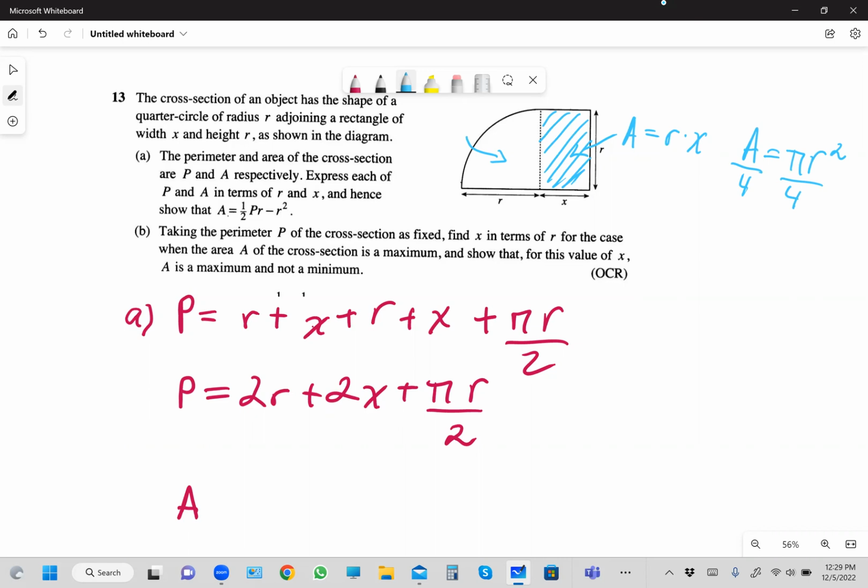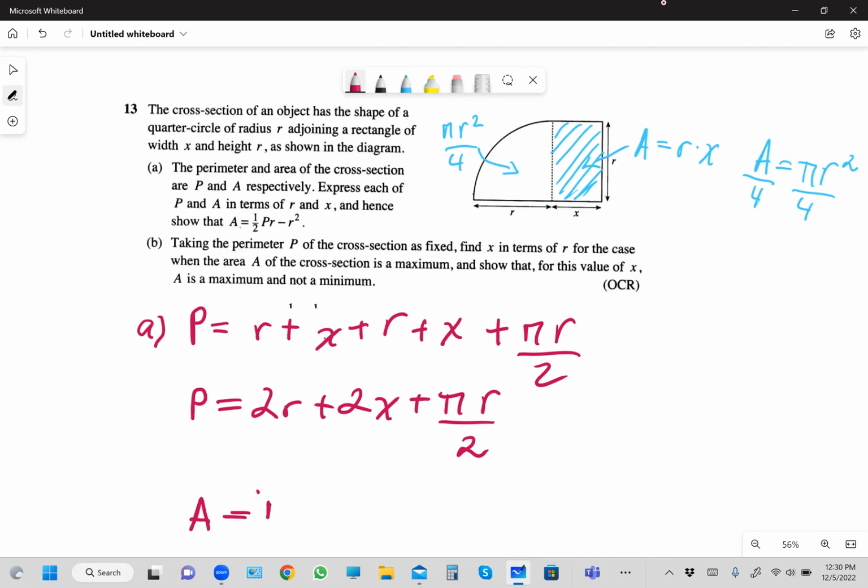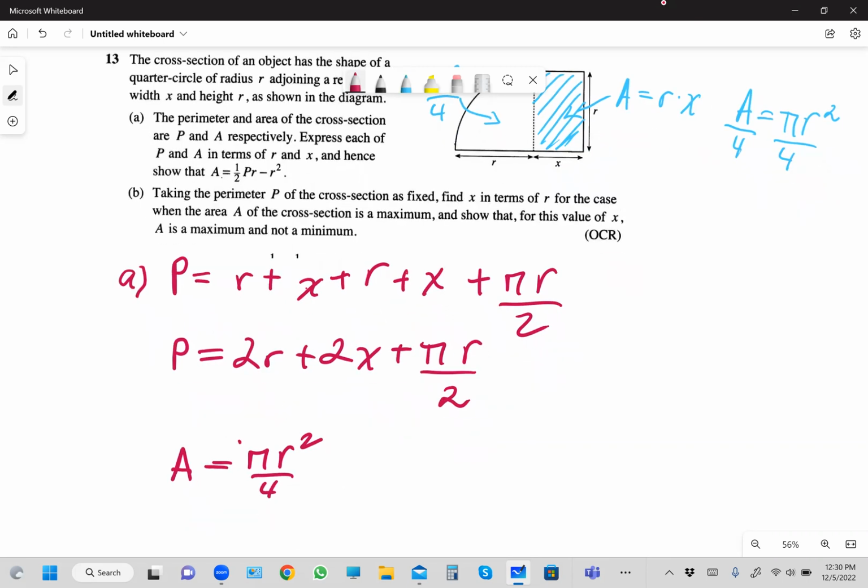Yeah, I remember you said that. I said to myself, she's right. However, it's more elegant to say pi R squared divided by 4. Don't you think that's more elegant? So therefore, the total area must be pi R squared divided by 4 plus R times X.